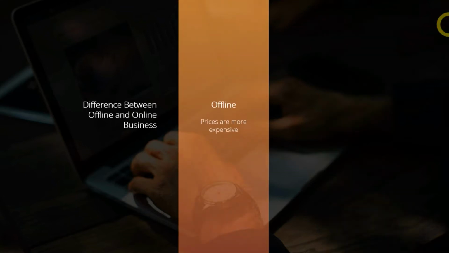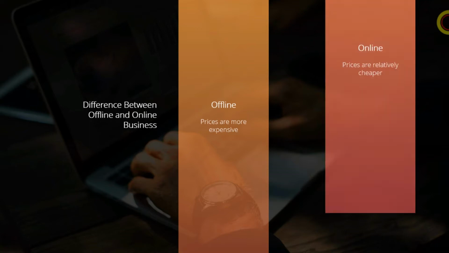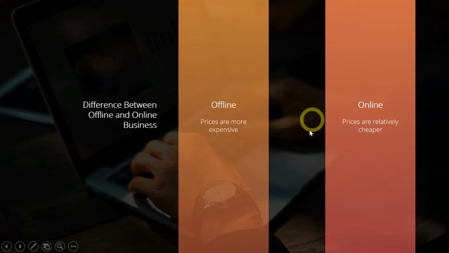How about prices? Typically, prices at an offline shop are more expensive because they have more expenses, overheads to pay for. Rental, electricity, water bills, and etc. Online prices are relatively much cheaper.